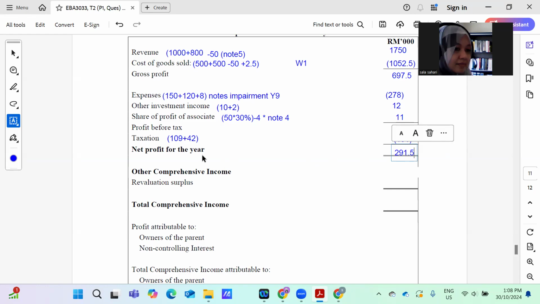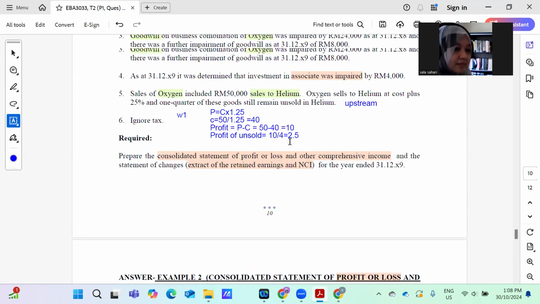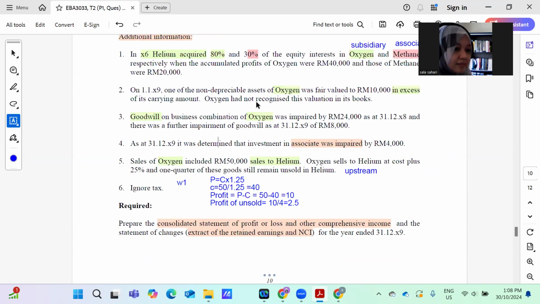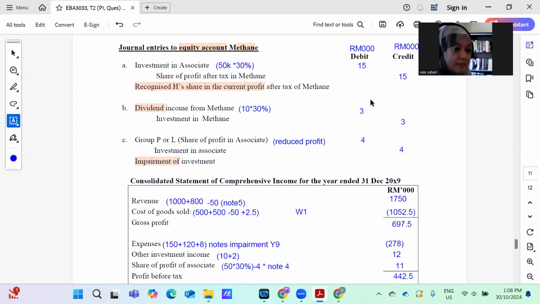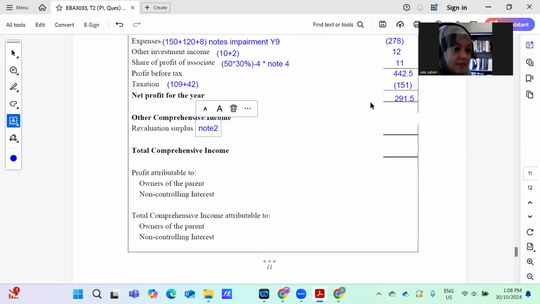And then at the same time, we have revaluation surplus. So you just refer to notes number 2, revaluation surplus, the 10,000 over here. Non-depreciable fair value at 10,000 in excess of carrying amount. So revaluation surplus, 10,000, you need to add back because it's a surplus.